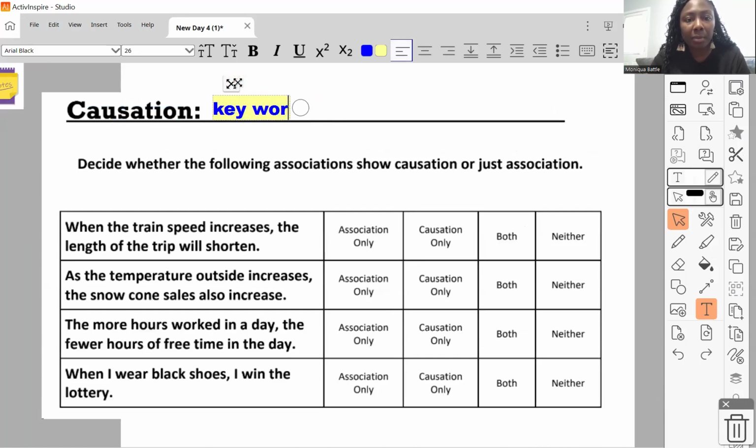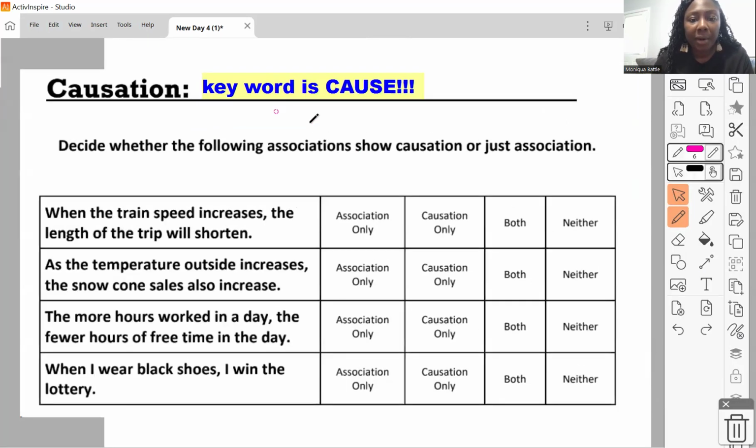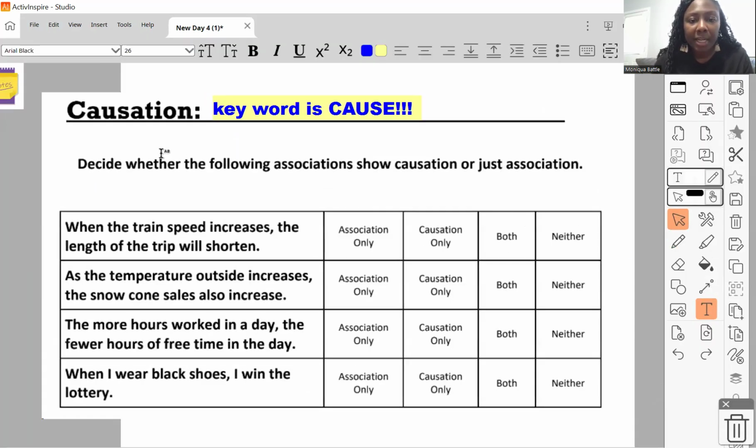The key word, please write this on your notes. Keyword is cause. We are trying to figure out if one variable, or the first part, actually causes the other part to happen. It's kind of like if you light a candle, and this is just my first example.